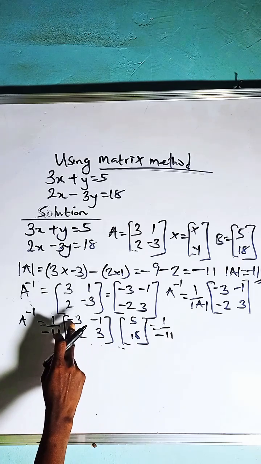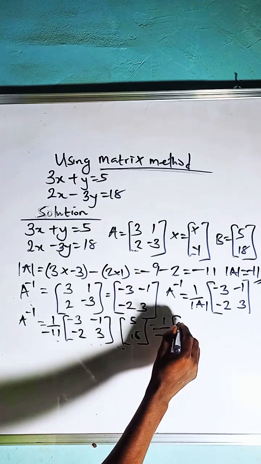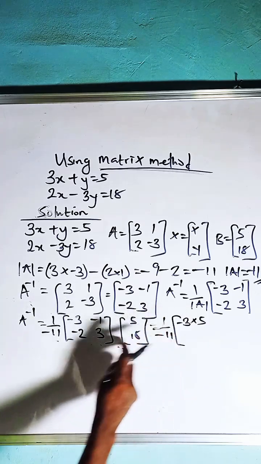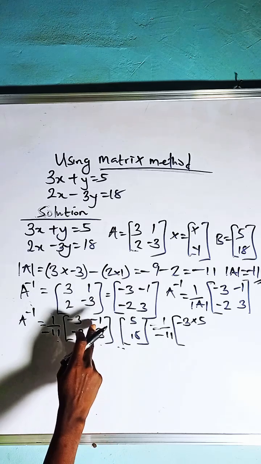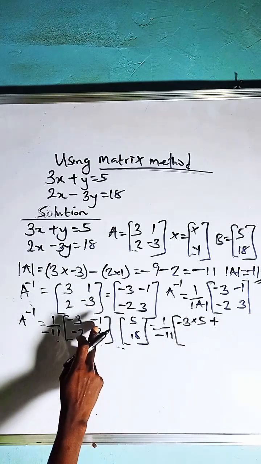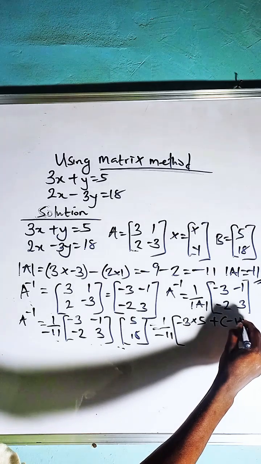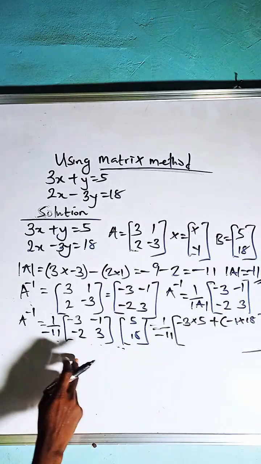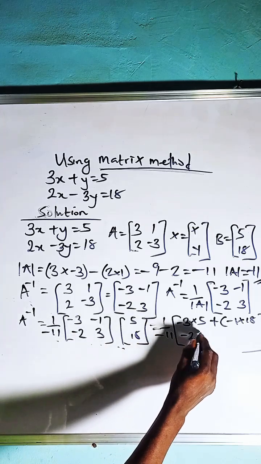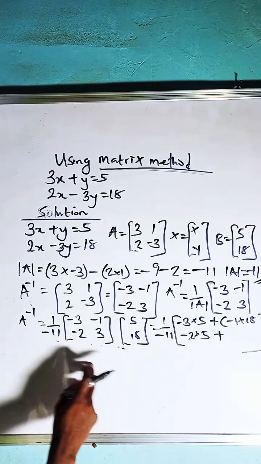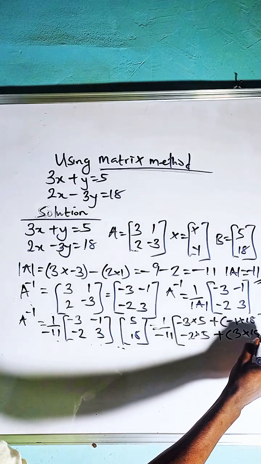We multiply this with this, so we have minus 3 times 5. For this row we are multiplying with the column, so plus minus 1 times 18. At this point, for the next row we have minus 2 times 5, plus 3 times 18.